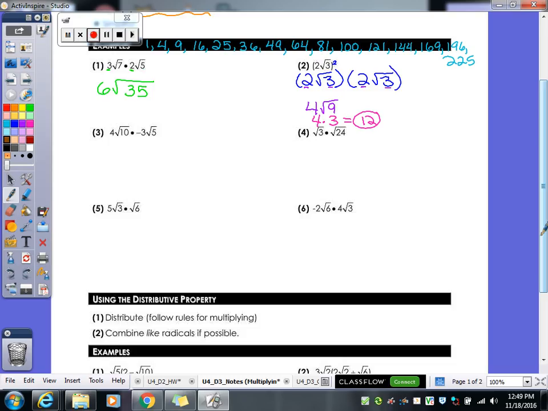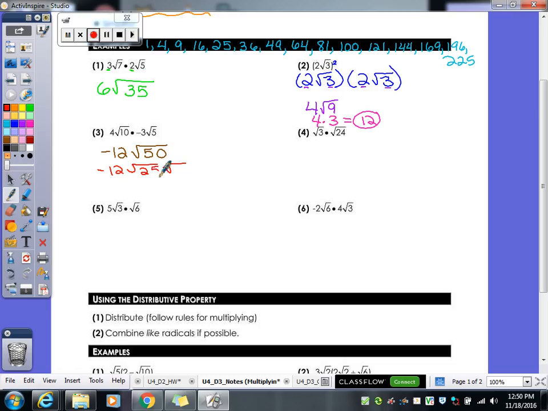All right, so let's try number 3. Multiply the numbers out in front. What do we get? Negative 12. Multiply your numbers underneath. What do we get? 50. Is there a perfect square that goes into 50? 25.